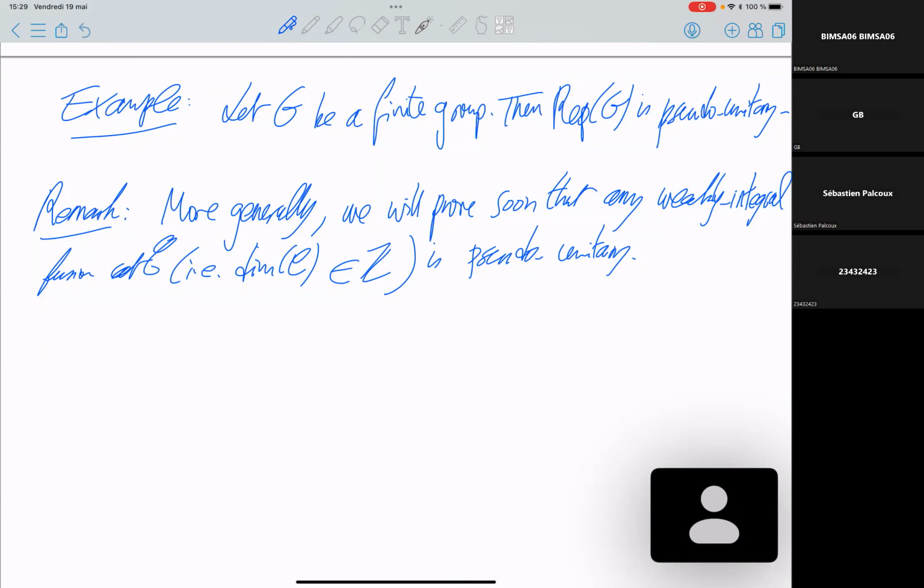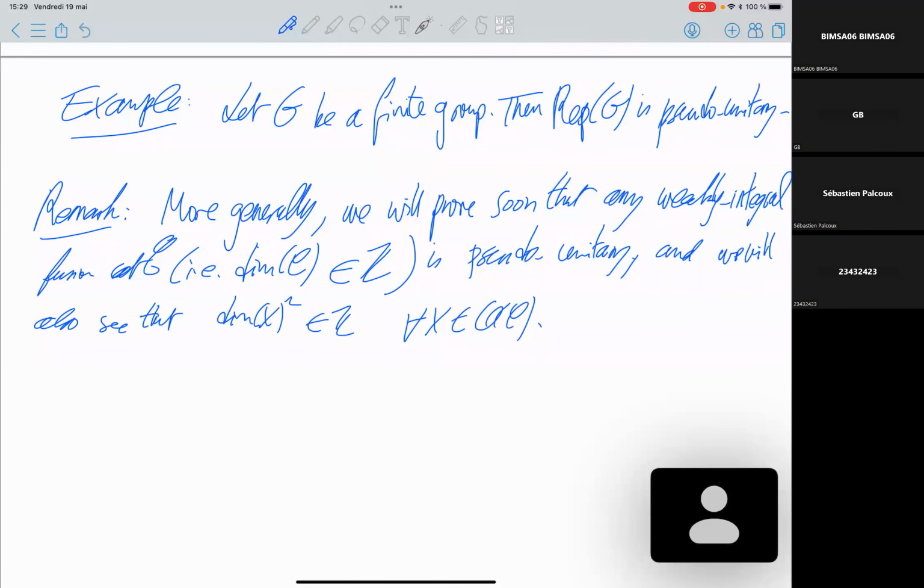And we will also see that dim x squared is an integer for all simple objects x.